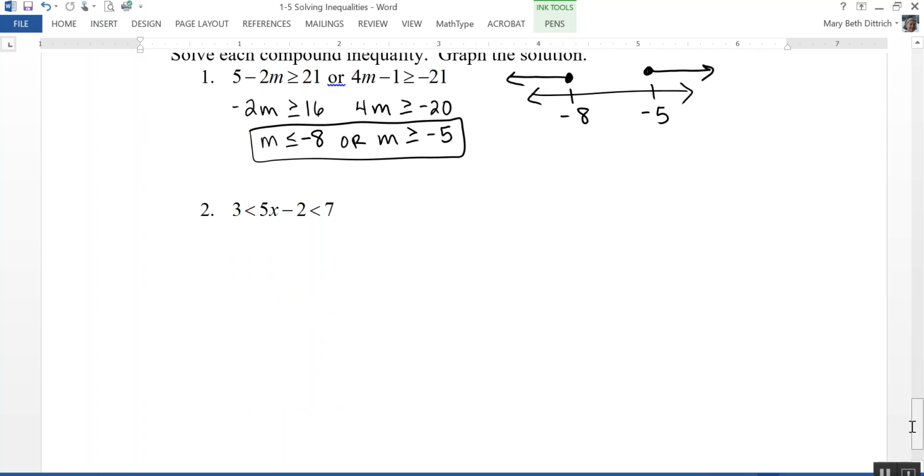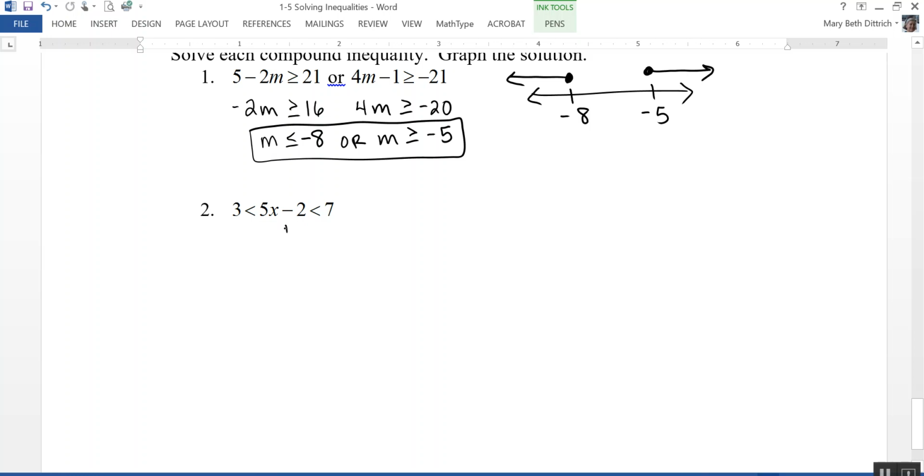And then my last example here says 3 is less than 5x minus 2, which is less than 7. This is actually an and inequality, and there's two parts to it. So 3 is less than 5x minus 2, and 5x minus 2 is less than 7. I like writing them this way because I think I can do it in fewer steps. My goal is to get this center part between the two inequality symbols down to just an x.